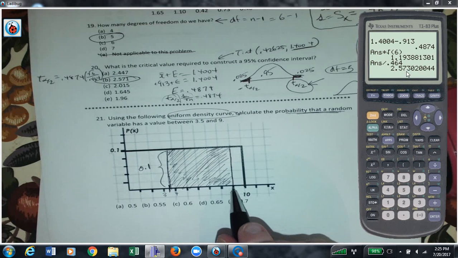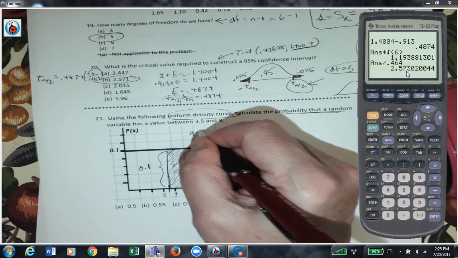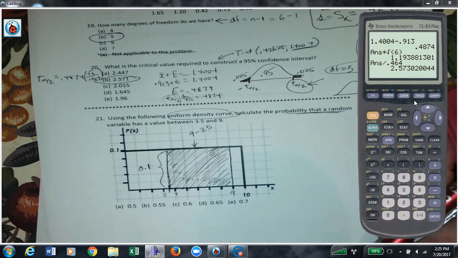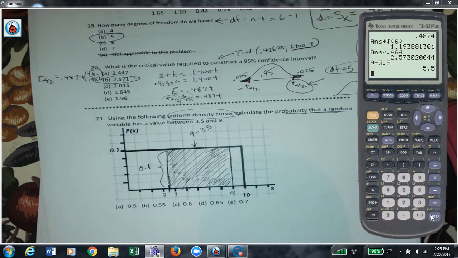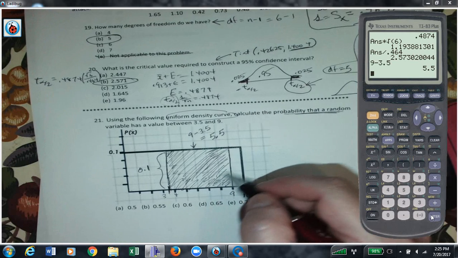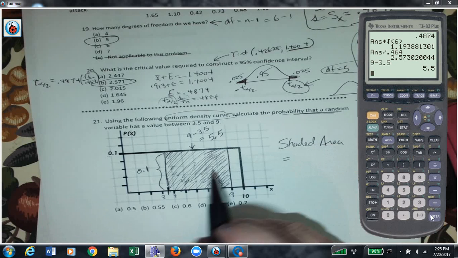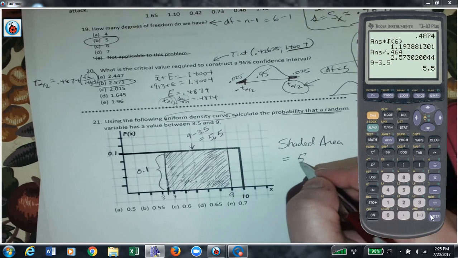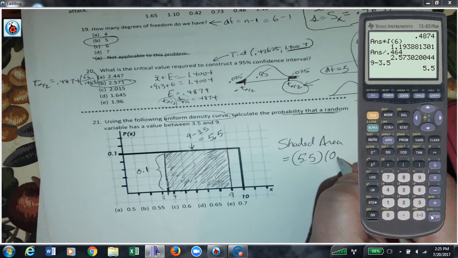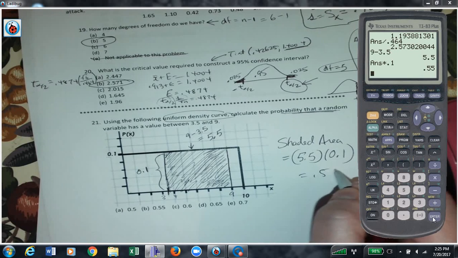The base is going to be 9 minus 3.5. And 9 minus 3.5 should be 6.5. It's 5.5. So the shaded rectangle is base times height. So 5.5 times 0.1, which is 0.55.